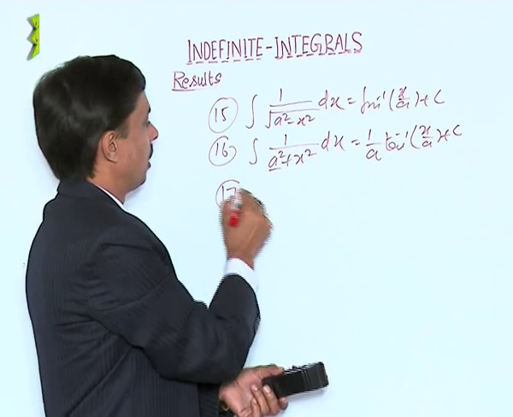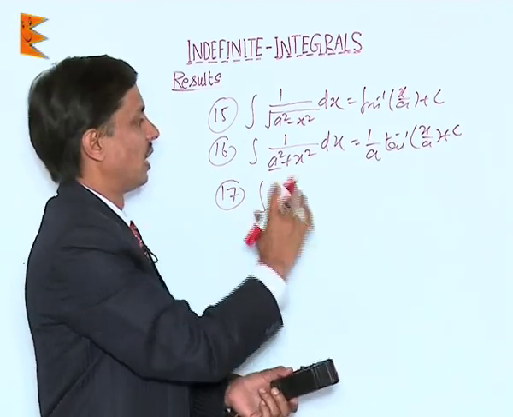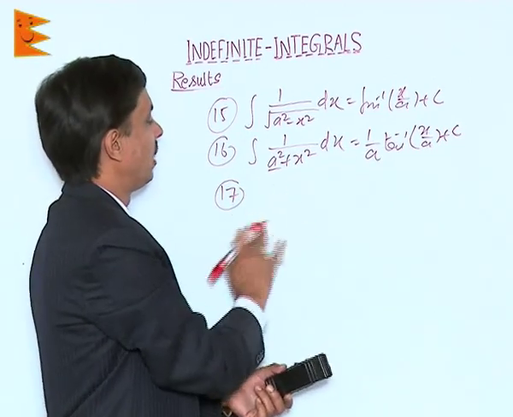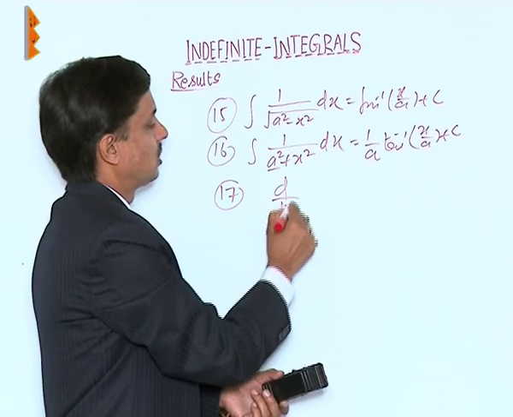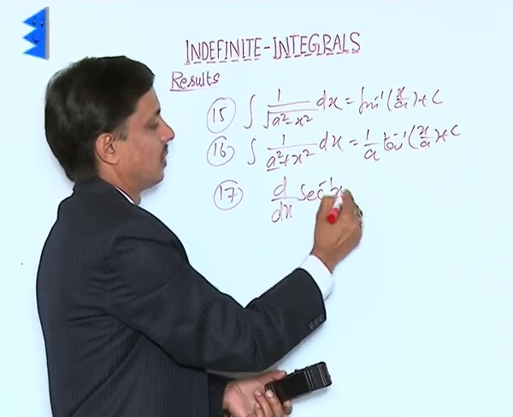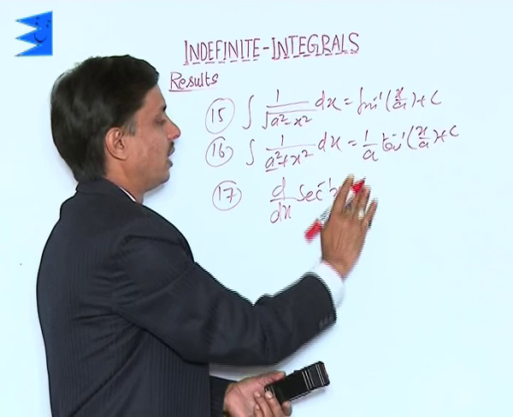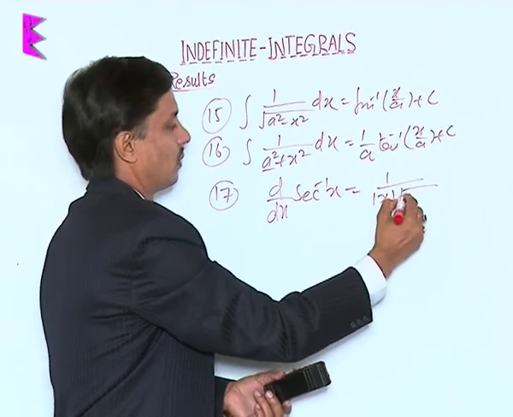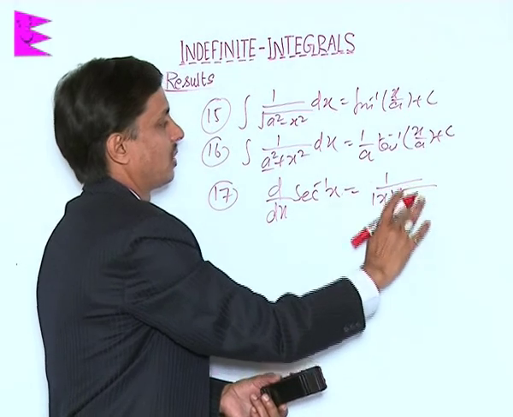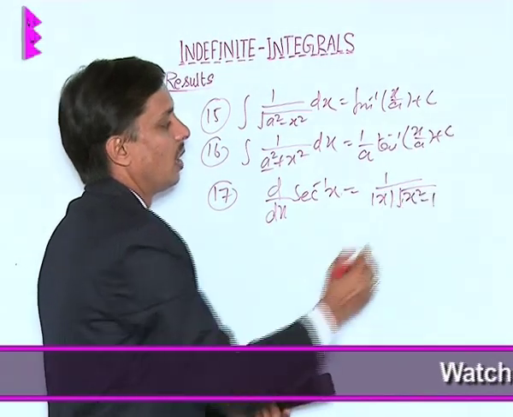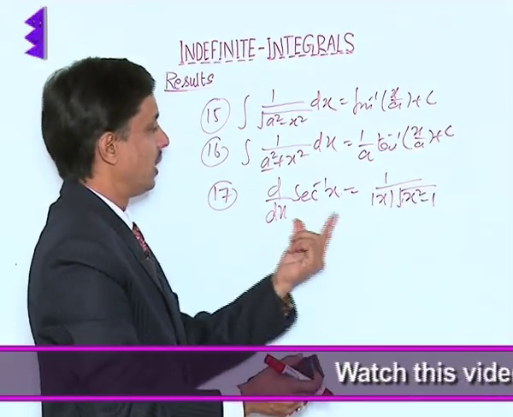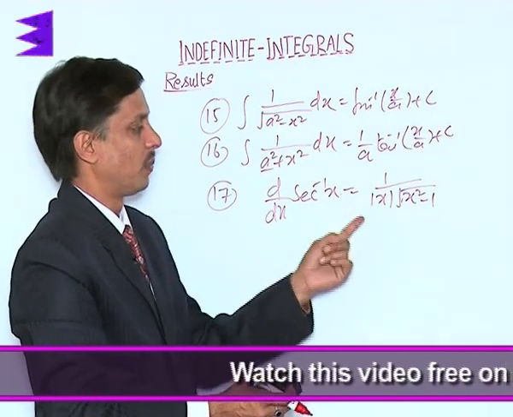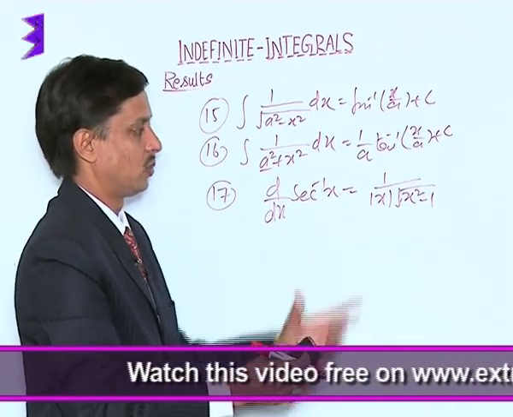Now we know the derivative of sec inverse x is 1 upon mod x root of x square minus 1.